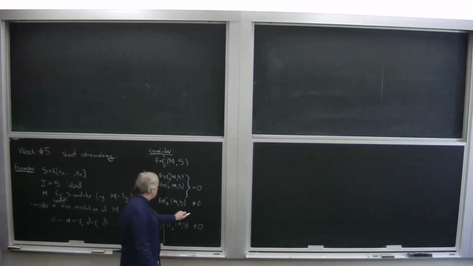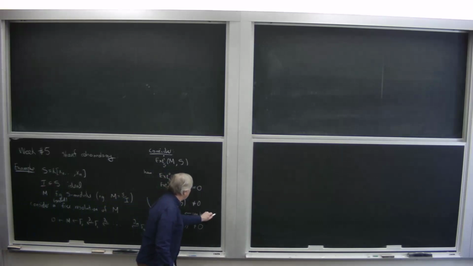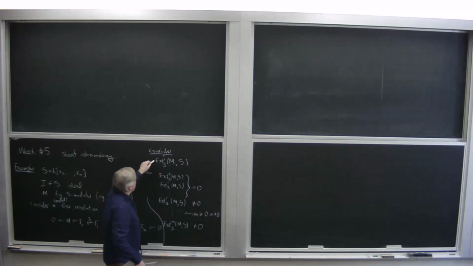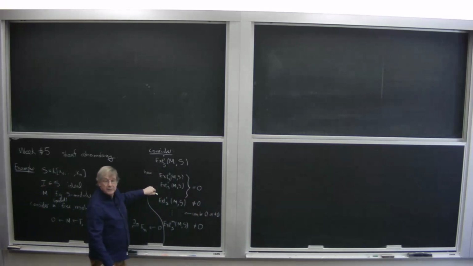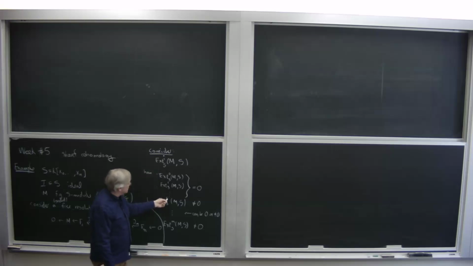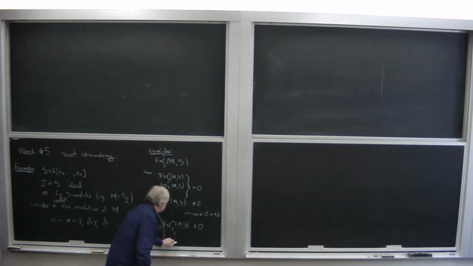The ones in between can be 0 or non-zero. It's going to be 0 for a while; the first non-zero one is here, and I'm going to say that c is the first non-zero one, and then m is the last non-zero one, and then it's 0 after that.